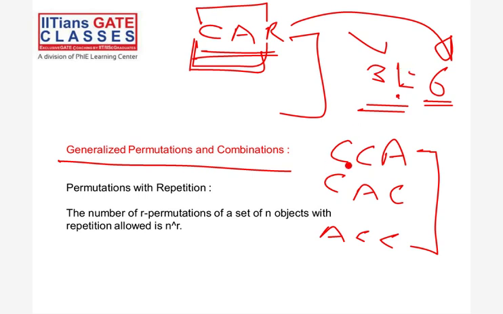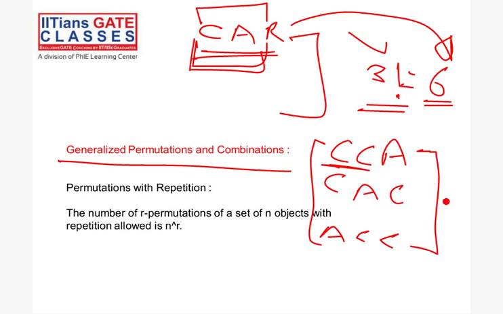But what will happen if there is some repetition, like CCA? What will happen if all are not distinct, some are the same? How many ways are there to arrange this word?